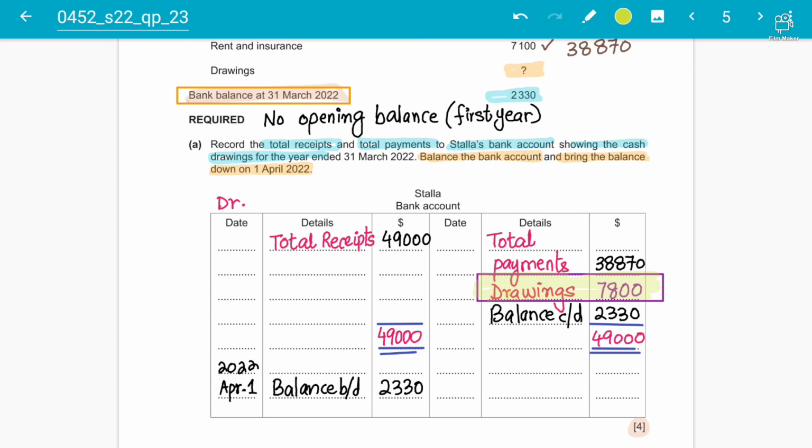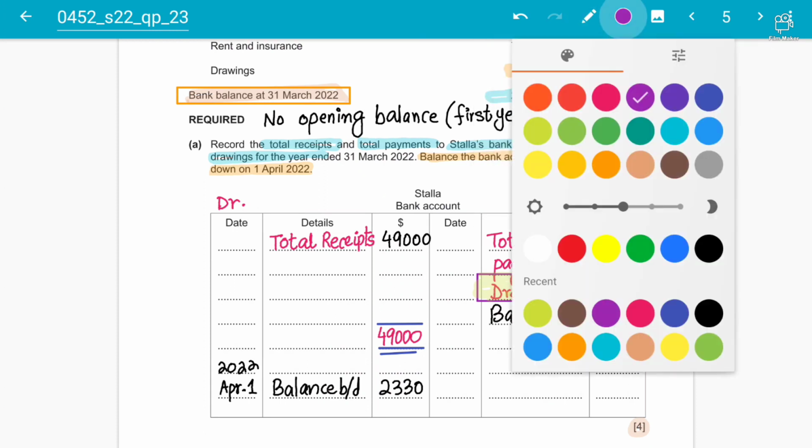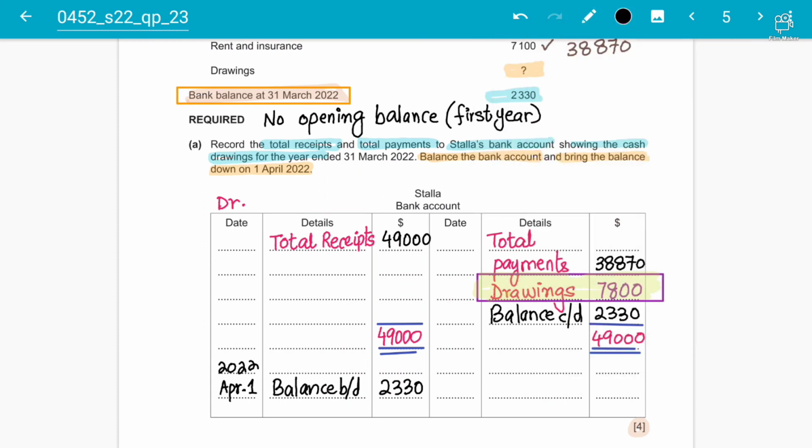Okay students, so understand very carefully, there are marks for writing balance brought down here. So we have to write down here as well that this is at March 31st, 2022. So make sure dates are important, you write down the dates correctly, 2022 March 31st. So this is happening at the end of the year, at March 31st.